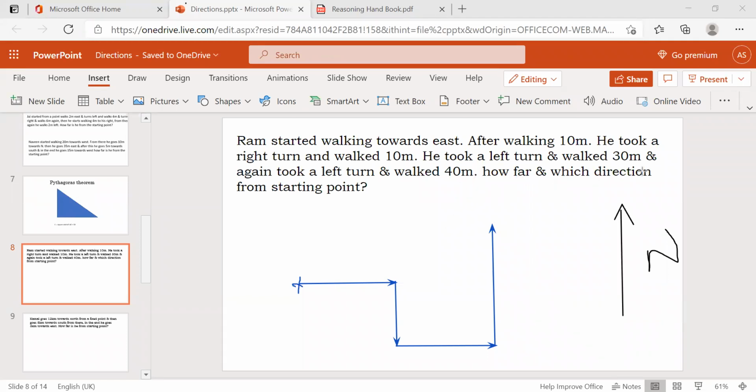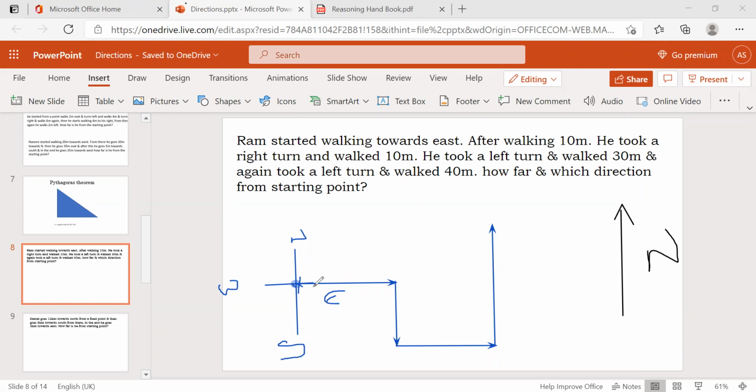How far and in which direction from the starting point? Which direction is he now? This is C, a point, the center point, or origin. This is north, this is east, and this is west. Towards east you move, and this is south.